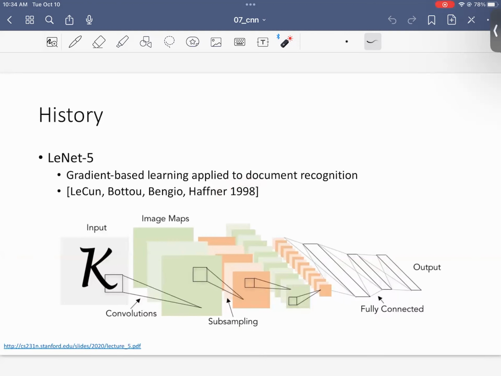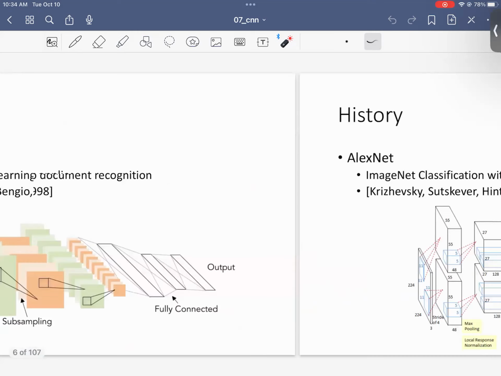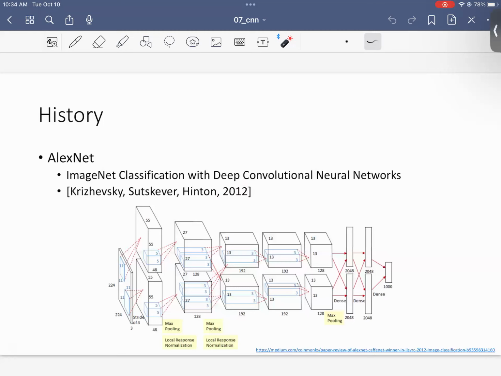So the concept of the convolutional neural network has been around for about 25 years now. But the first breakthrough, the birth of deep learning, the thing that initiated the whole deep learning wave in 2012, was something called AlexNet.